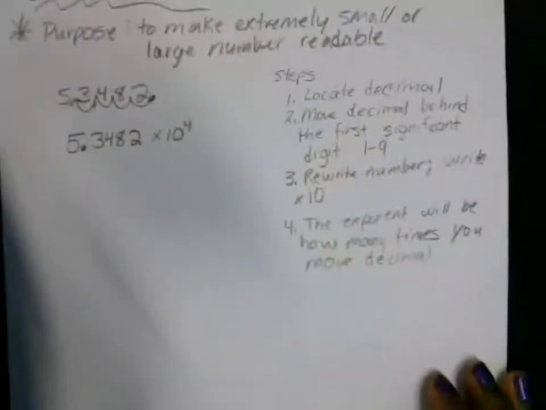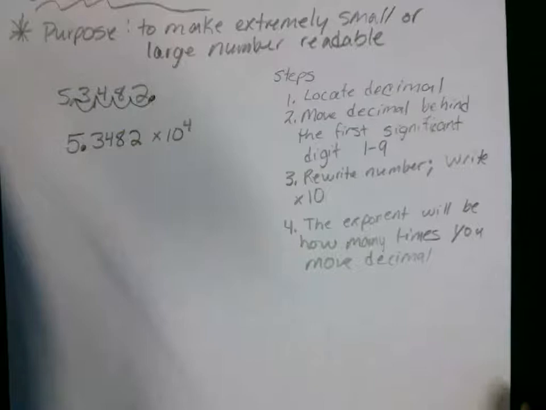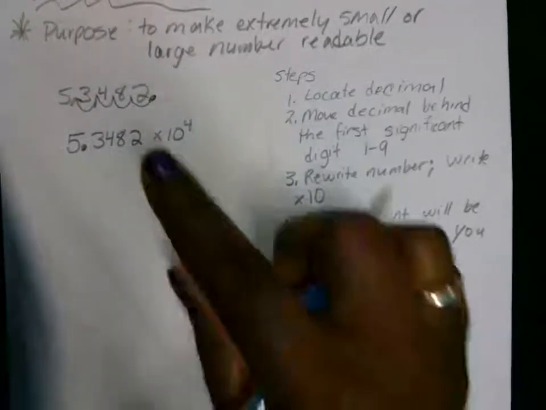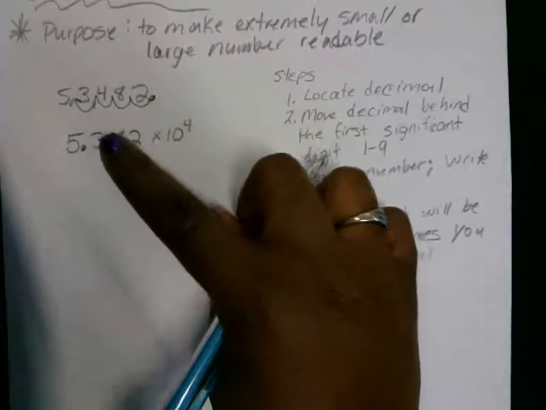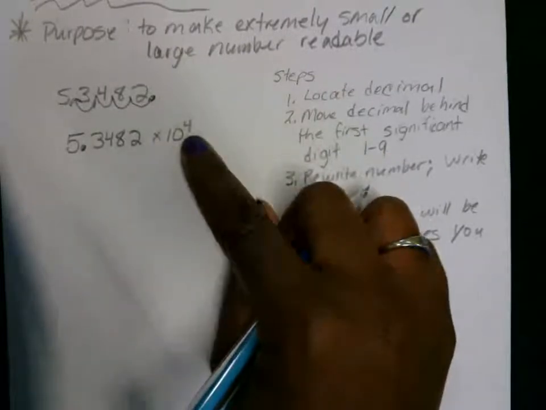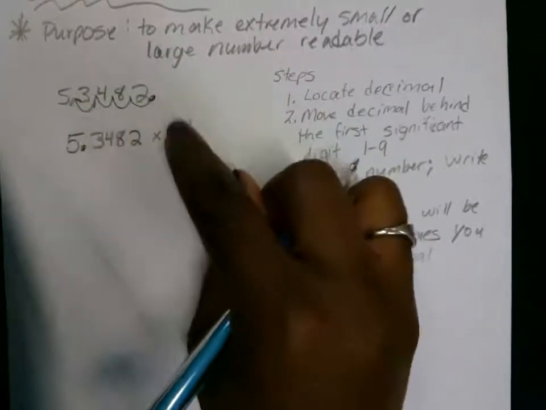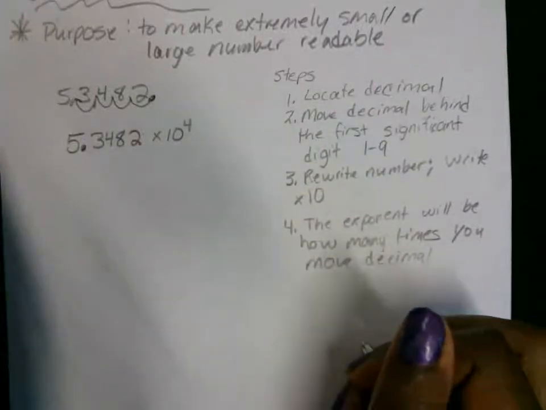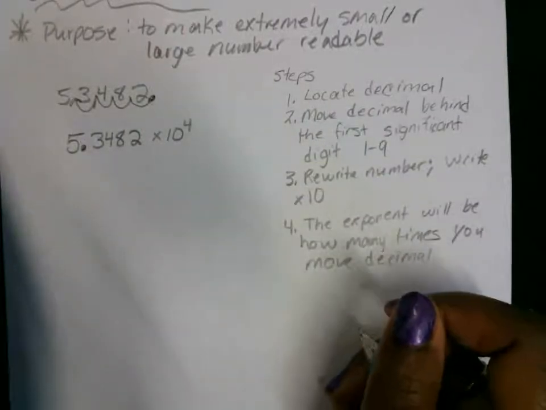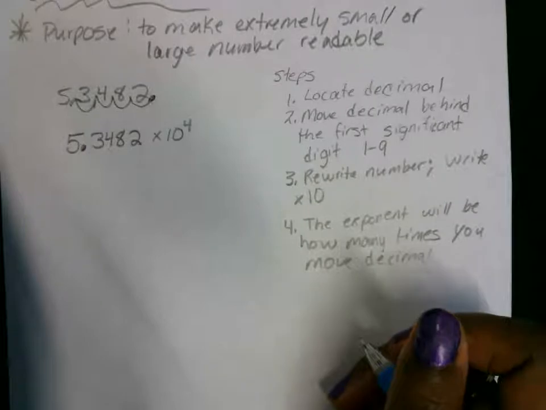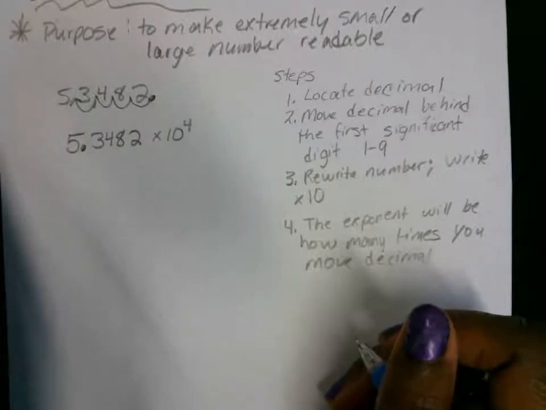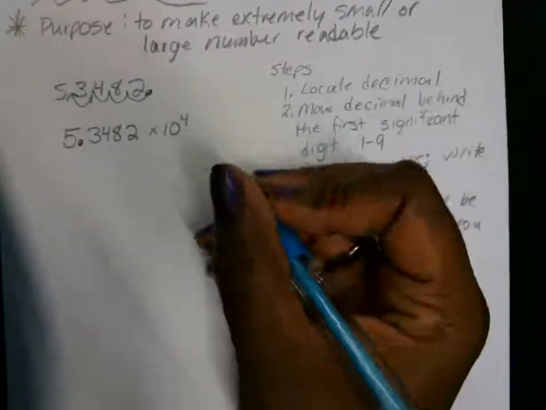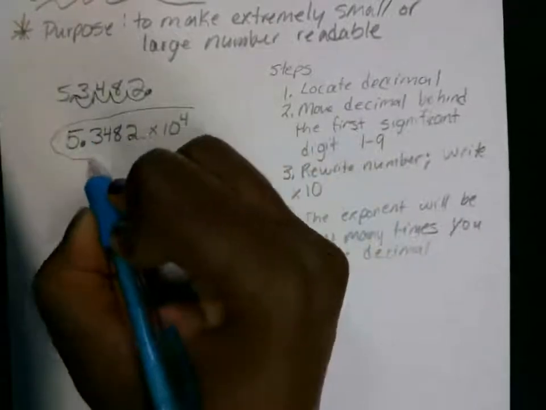Now, Ms. Reyes, how do you know if the exponent is going to be positive or negative? If the original number is bigger than 1, your exponent is positive. If the original number is less than 1, your exponent is negative. The original number was 53,000 and some change, so it was greater than 1. That's why my exponent is positive.